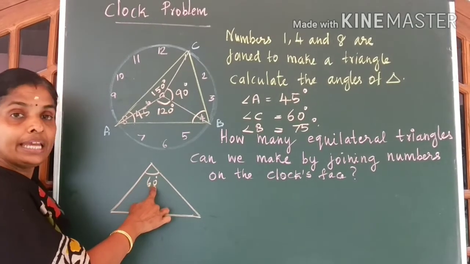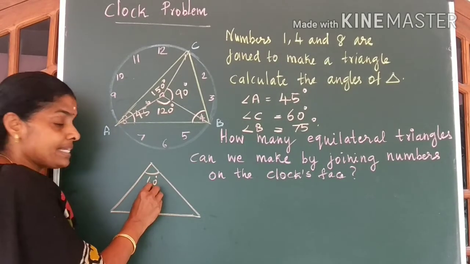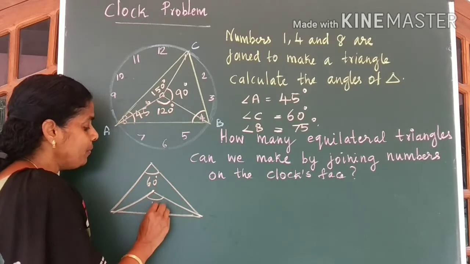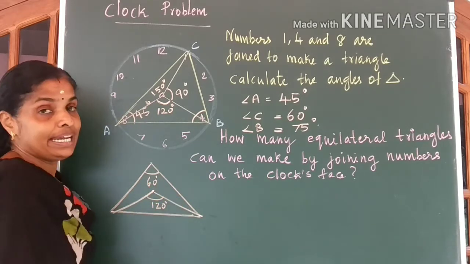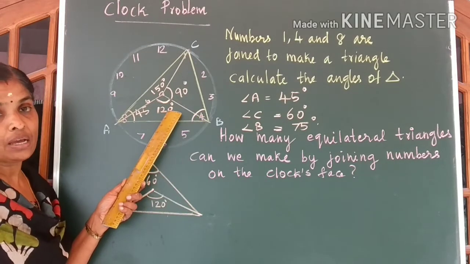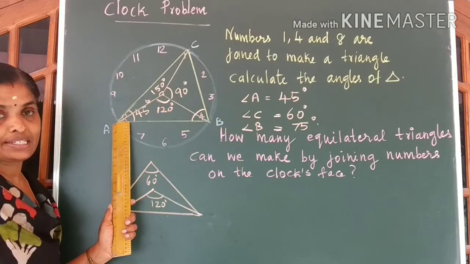If this angle is to be 60 degrees, what can you say about the central angle? The central angle would be equal to 120 degrees, isn't it? Now you get 120 degrees by joining the numbers 4 to 8, isn't it?